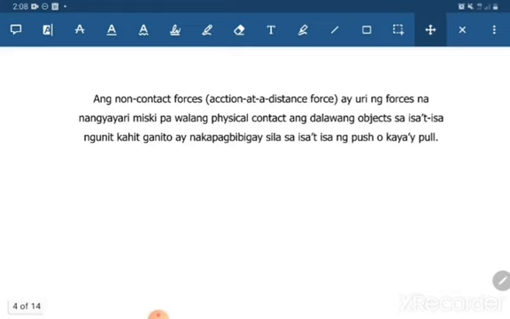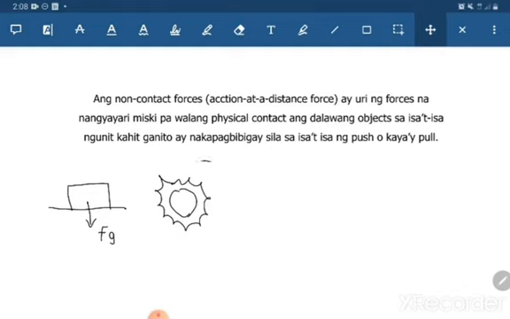But of course, there are also non-contact forces, di ba? Tulad na nakita mo kanina, yung box, di ba meron siyang gravitational force? For example, you have the sun and the earth. Di ba, they are light years apart.